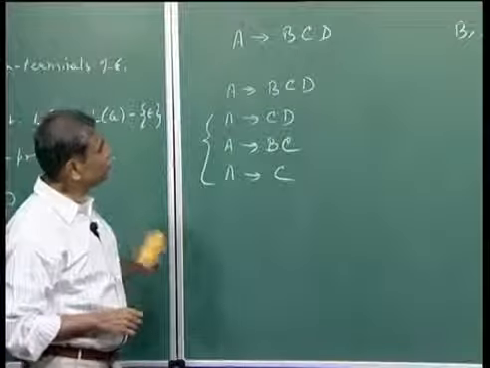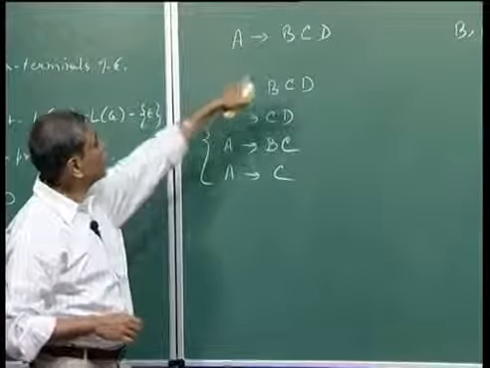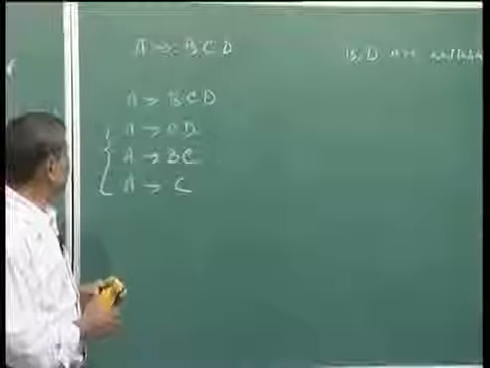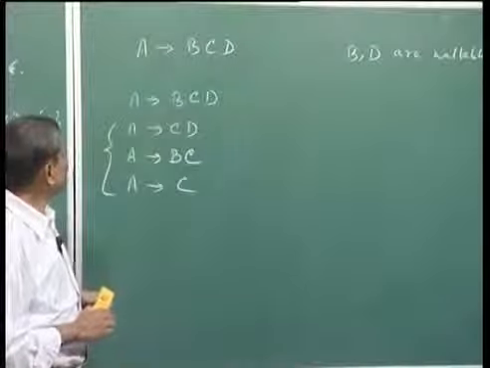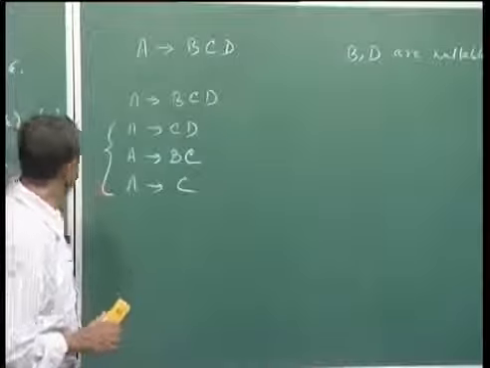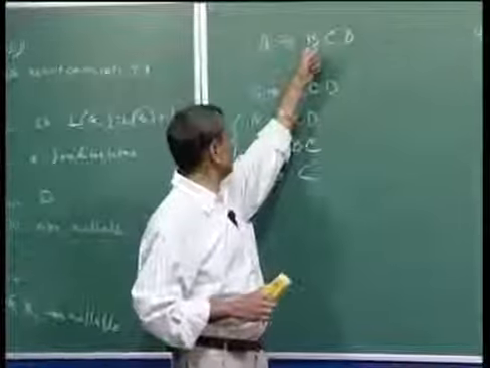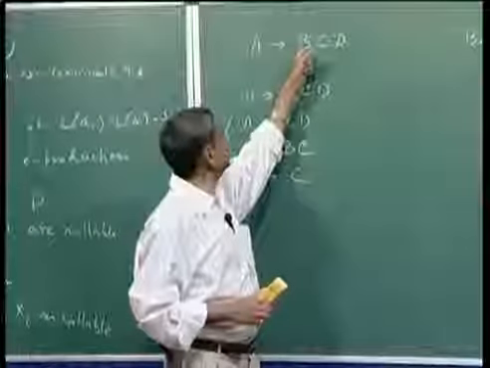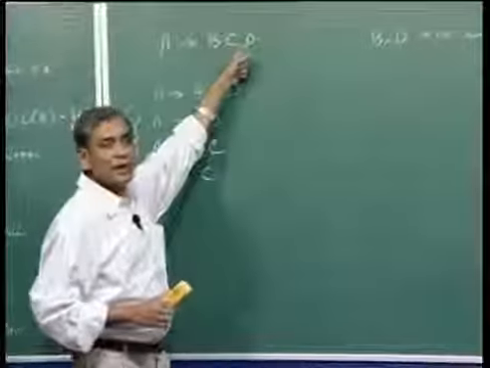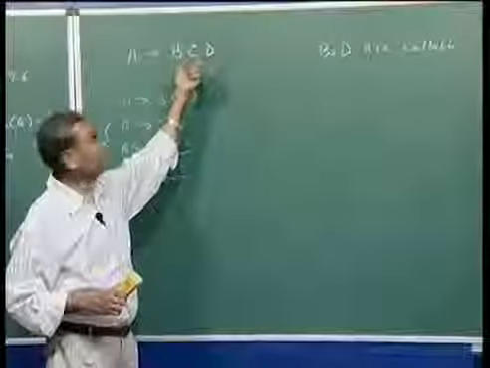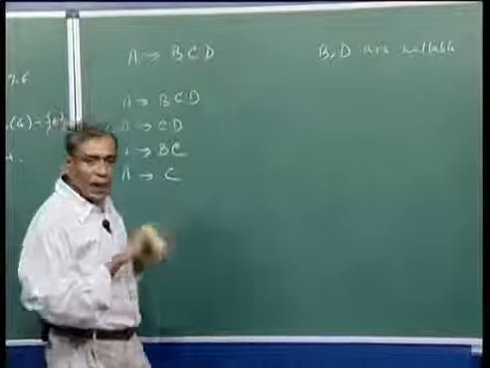Now, it is possible that all of them are nullable. That possibility is also there. If I am allowed to replace each one of them by epsilon, then I will get epsilon itself on the right hand side, and that is not allowed.